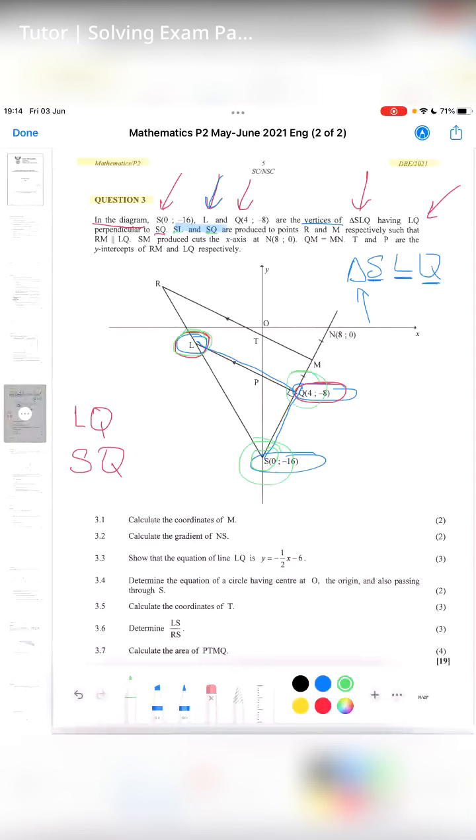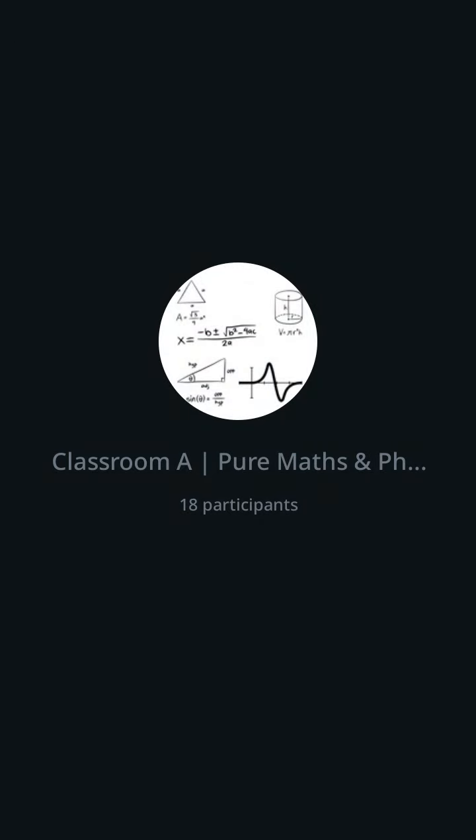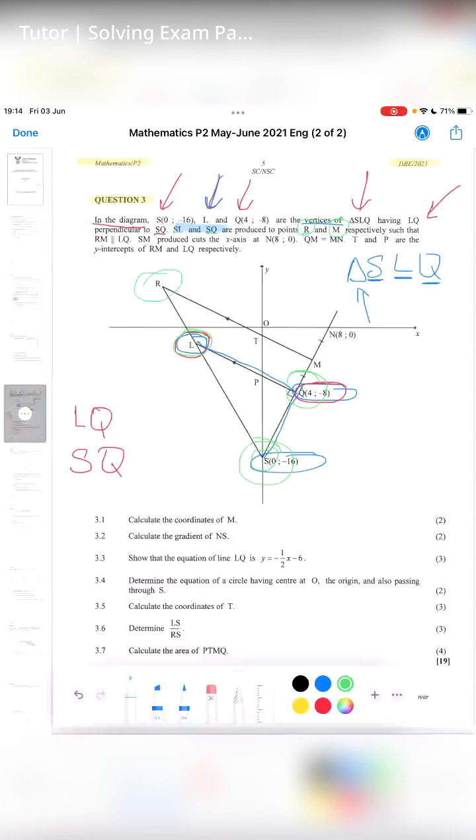And Q. There's Q. What about those? Those are produced to points R and M. Where is R? There is R. Where is M? Let me see. Oh, there is M, respectively, such that RM is parallel to LQ.